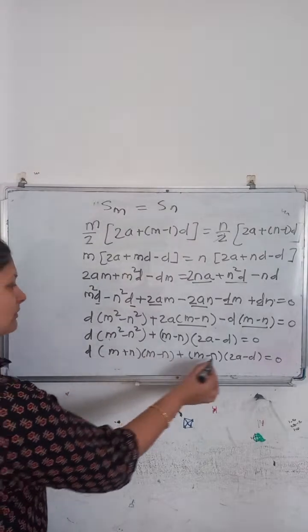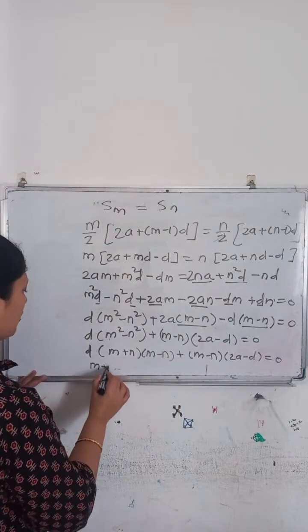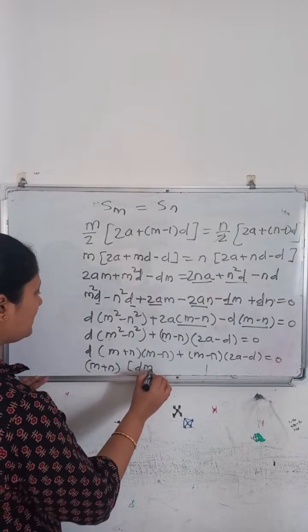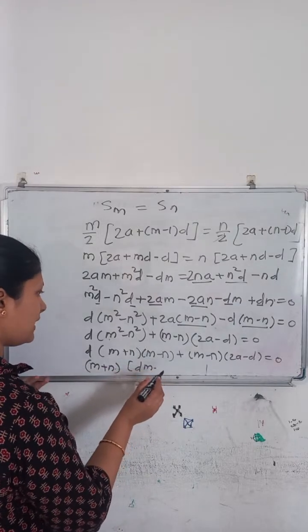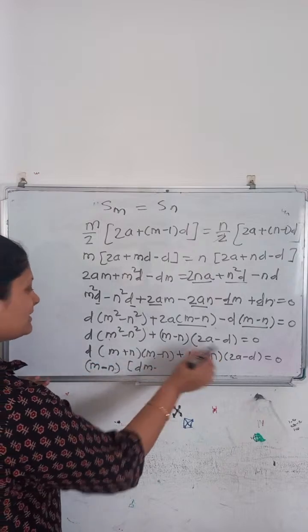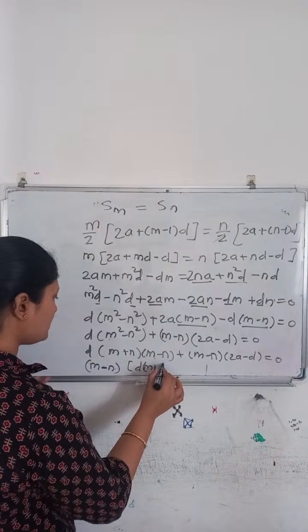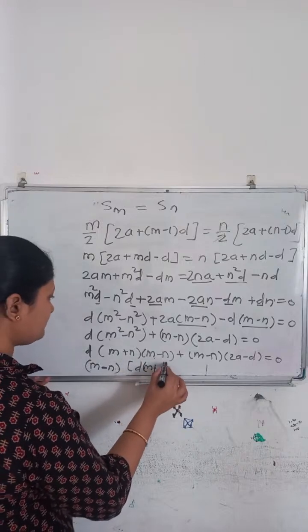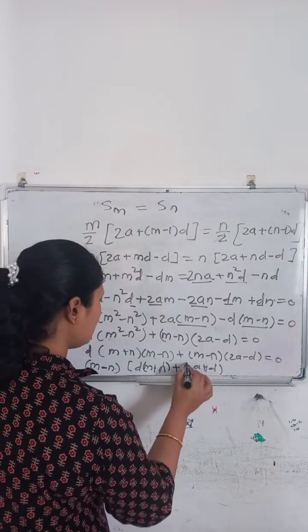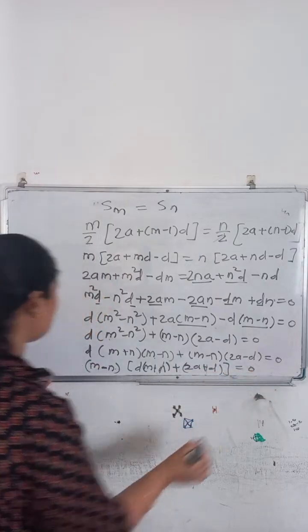So again from these two terms, m minus n is common, take it outside, then inside the bracket m plus n times d plus 2a minus d is equal to 0.